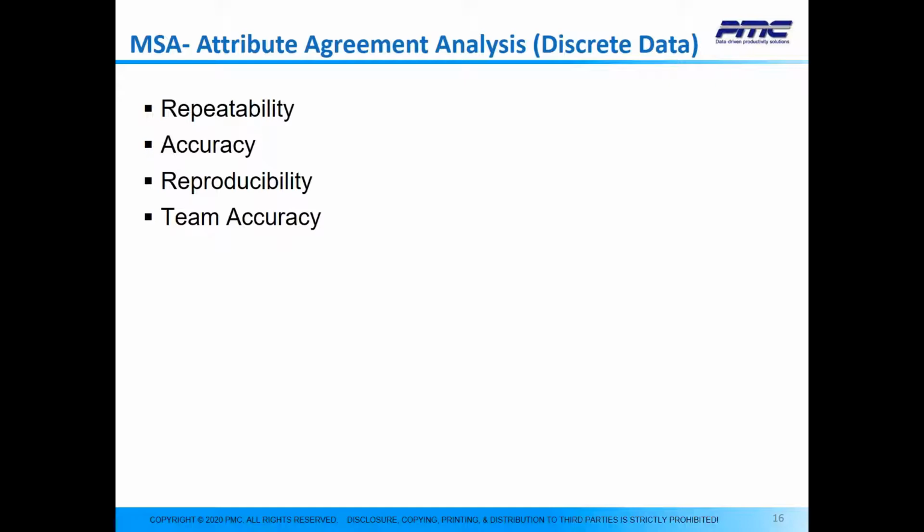Repeatability here is obtaining the same results when measuring parts multiple times. Accuracy is obtaining repeatable and correct results as compared to the true value or the reference value. Reproducibility is obtaining the same results across all inspectors. And team accuracy is obtaining repeatable and correct results across all inspectors.